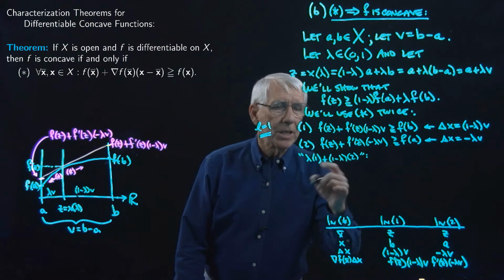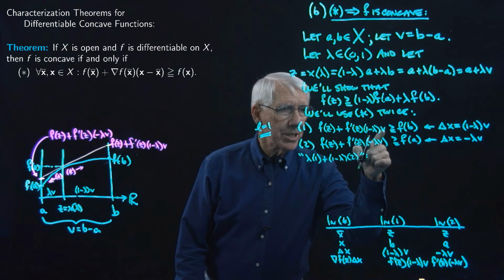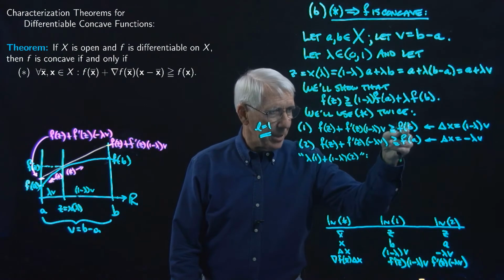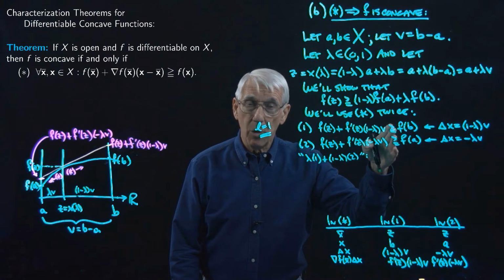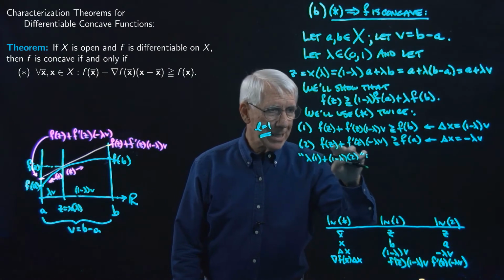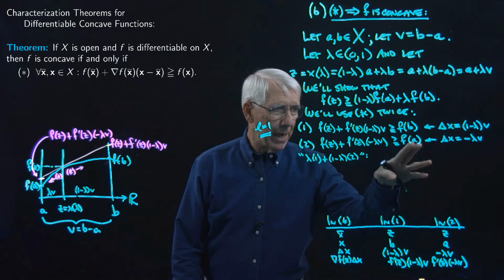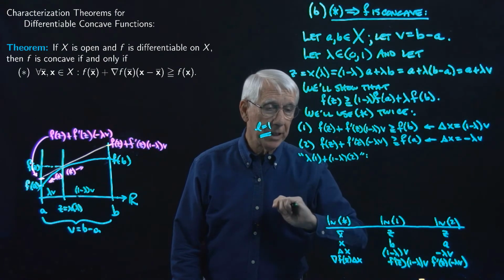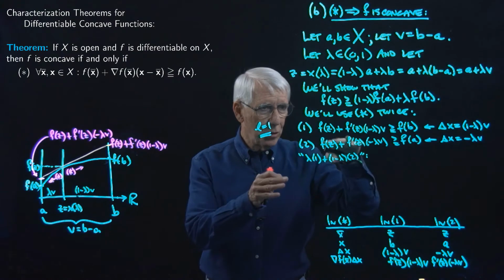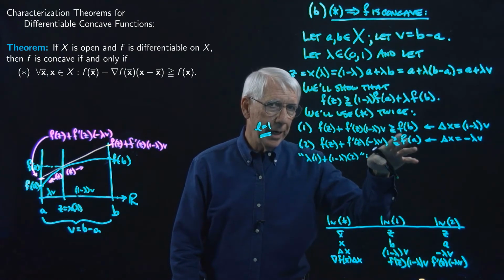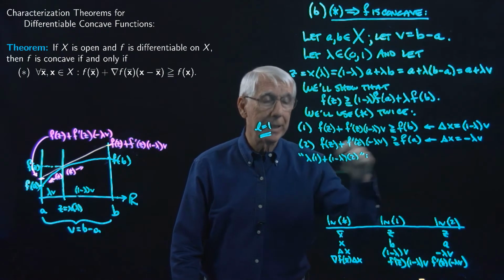So I'm going to take lambda times the left-hand side here and lambda times the right-hand side, preserving the inequality. I'm going to take 1 minus lambda times this and 1 minus lambda times this, preserving the inequality, and I'm going to add the two left-hand sides, add the two right-hand sides, again, preserving the inequality.